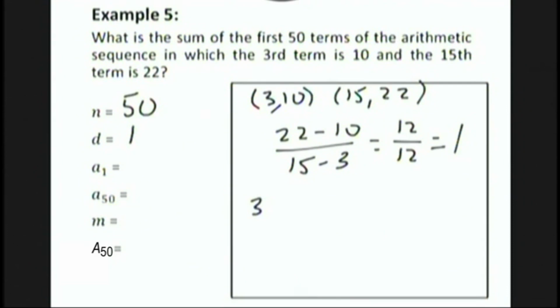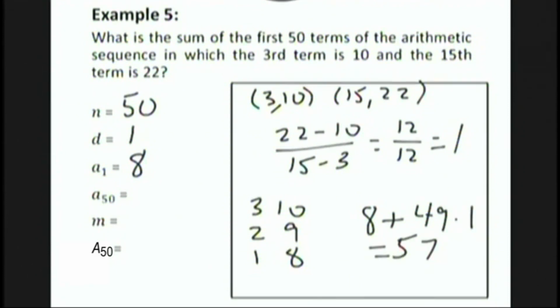Since the 3rd term is 10, the 2nd term is 9, and the 1st term is 8. So A1 is equal to 8. The 50th term is then 8, the 1st term, plus 49 times 1. So A50 is 57. We can now find m by taking the average of the 1st term and the 50th term to get 32.5.